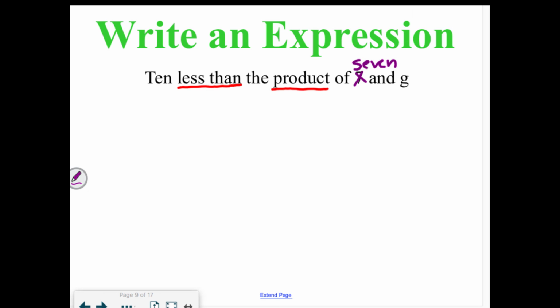To turn it into the actual algebraic expression, we have the product of 7 and G, which is 7G. Now that we are in algebra, we don't want to put that multiplication symbol in between the 7 and the G. We use just 7G, that is better math grammar. And then we want 10 less than that. One key thing about the phrase less than is the number in front is always going to come after the subtraction sign.